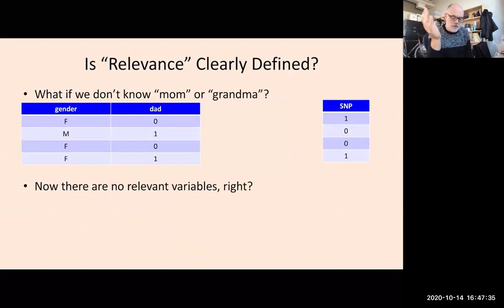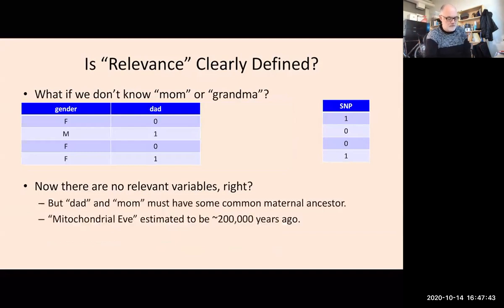What if we don't know mom or grandma? Either one, both columns are gone, right? So, whoops, there are no relevant variables now, right? Maybe, right? So, dad and mom must have some common maternal ancestor, that's how humans are made. We know mitochondrial Eve is estimated to have existed around a couple hundred thousand years ago, right?